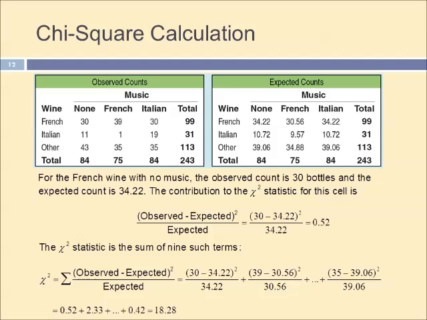And we do that for all of the table entries. In this case, there are 9. And then the chi-square statistic is the sum of all the 9 terms. And in this case, we get a value of 18.28. That's our chi-square statistic. In a sense, it's similar to a z-score or a t-score. It tells us how far away a particular value is from where it should be.